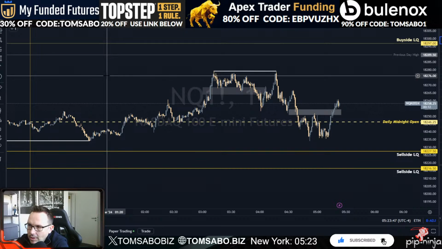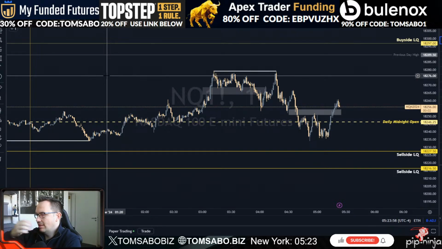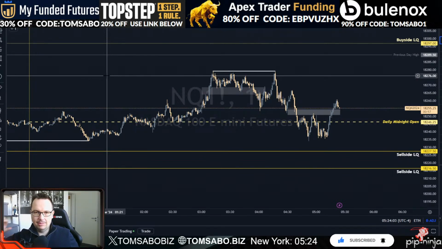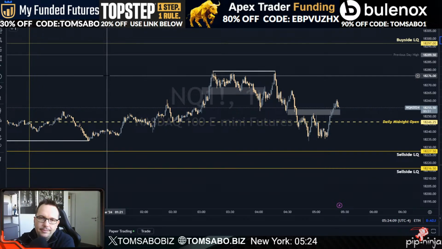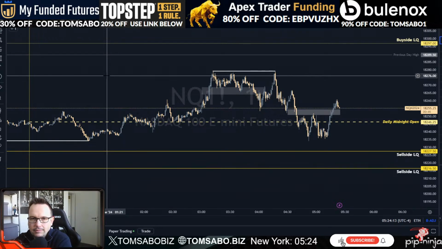There are still a few points of wiggle room here, so it doesn't necessarily have to take out that high. It should be above 67 or 66 something if they want to hunt for some internal stops or internal liquidity. So not sure.